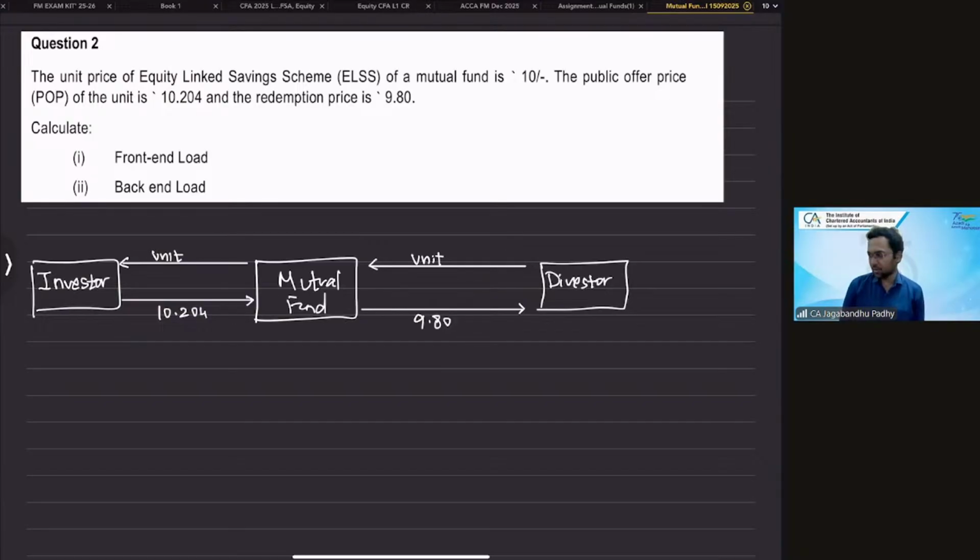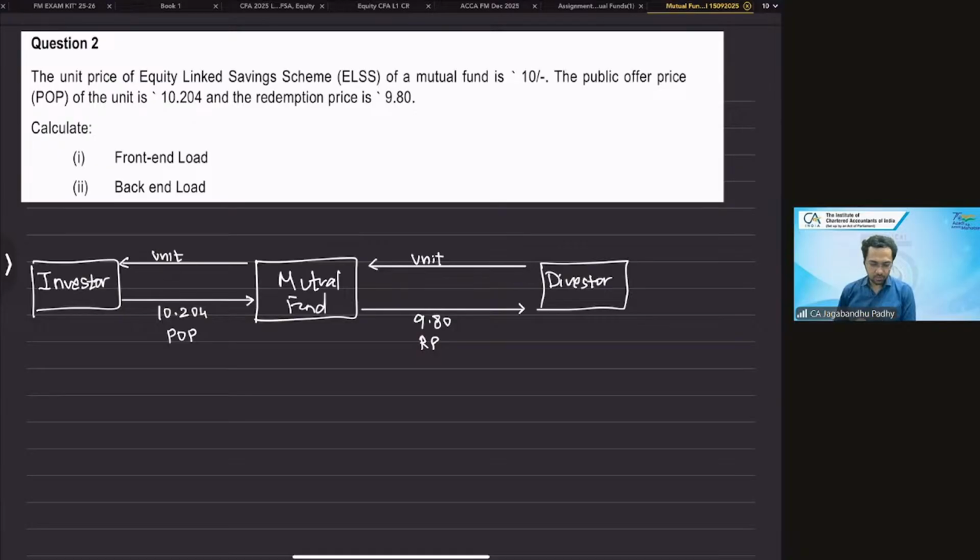The divestor is someone who is going to sell the units to the mutual fund. Is this structure clear, everyone? Yes. So this 10.204 is what we call the public offer price, and this 9.8 is the redemption price or the redemption value.